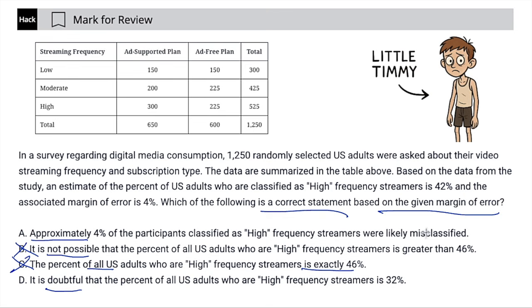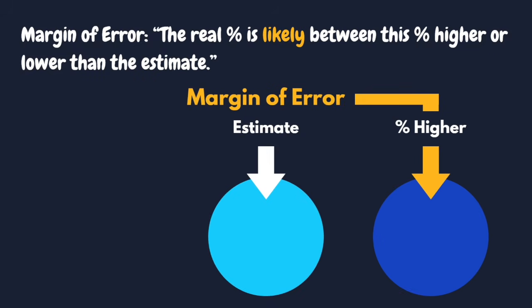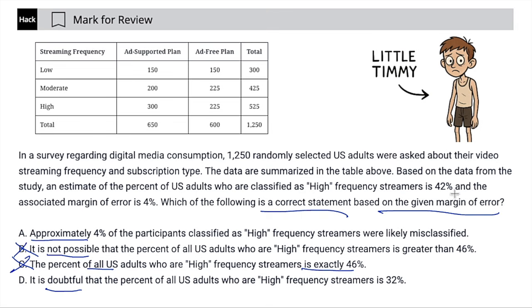So it's asking about given margin of error. And as you guys ought to know, a margin of error is basically going to be a range that goes below and above the results of the study. So in this case, since our result was 42 and our margin of error is 4, we would go 4 below 42, so that'd be 38, all the way up to 4 above 42, which would be 46.